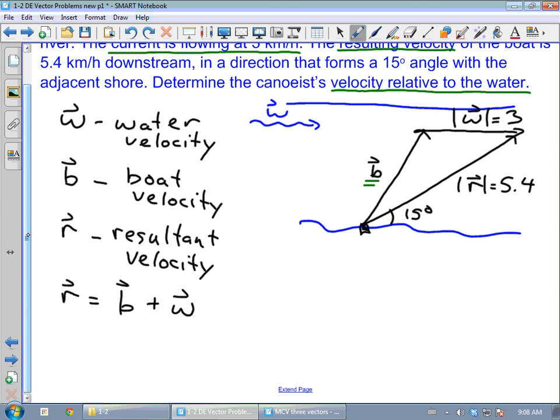We know that the current up here is parallel to the shore, so that means that this angle up here is 15 degrees as well, because they form that little Z pattern. So now I know the length of this top side here, the length of this side down here, and I know the enclosed angle between them. So I can use cosine law to find the length of this third side.